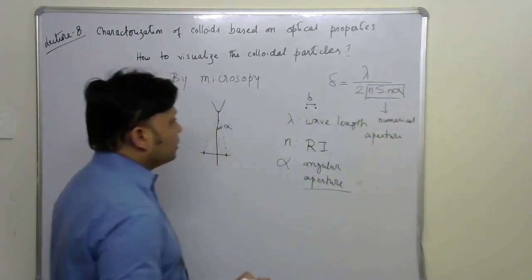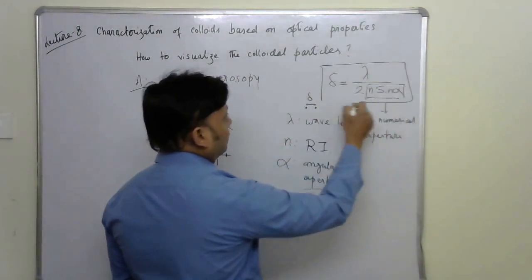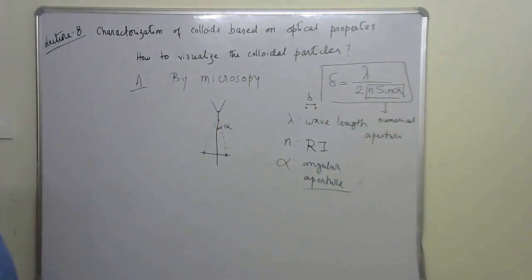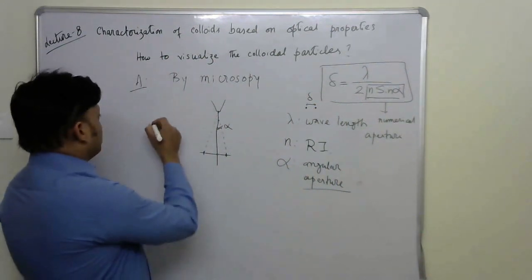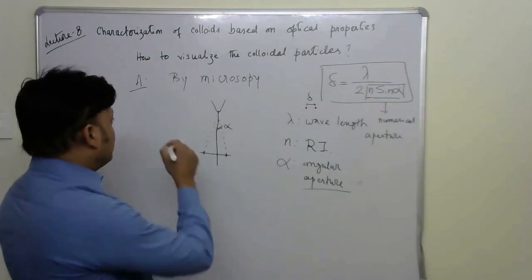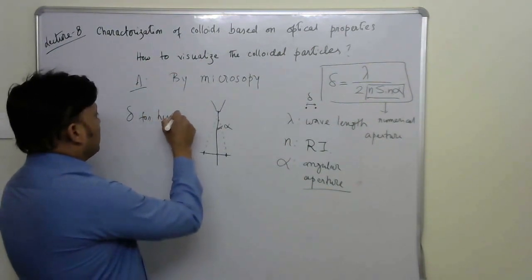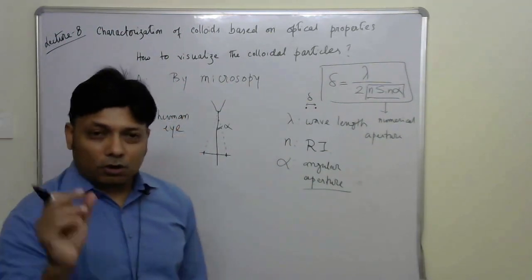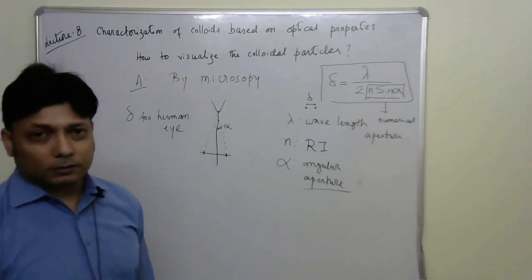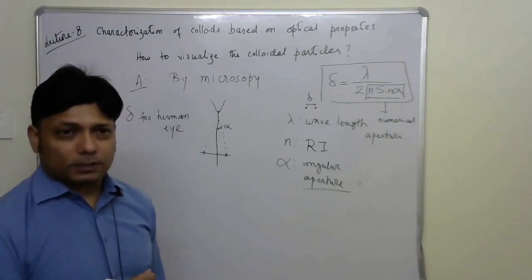All right. So now let's come to the point here. Resolution delta. Before we begin, let's first ask a question: what is the delta for the human eye? That means what is the least distance we can recognize with our normal naked eye between two points?